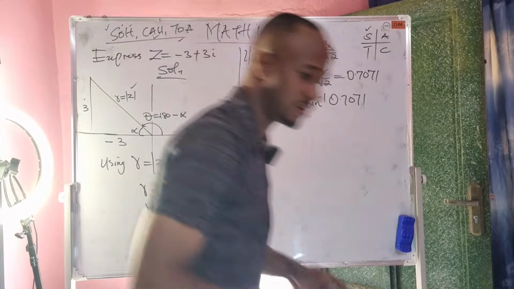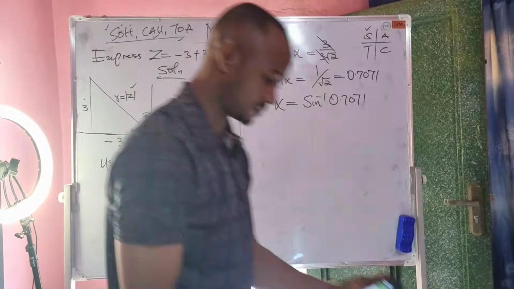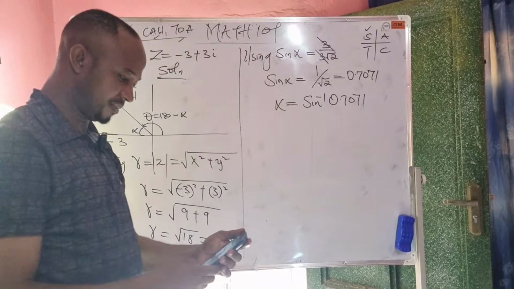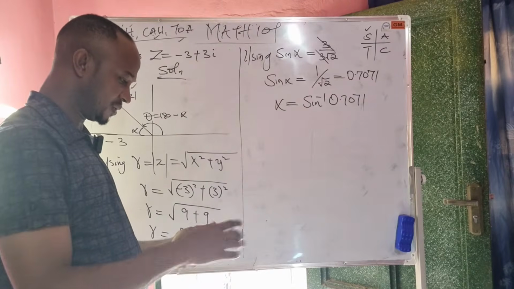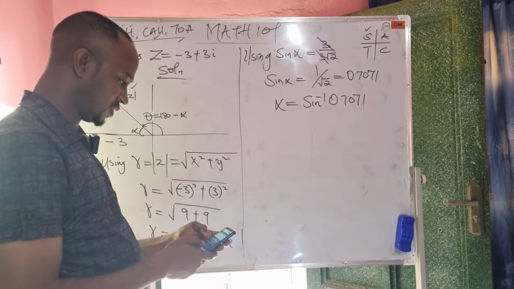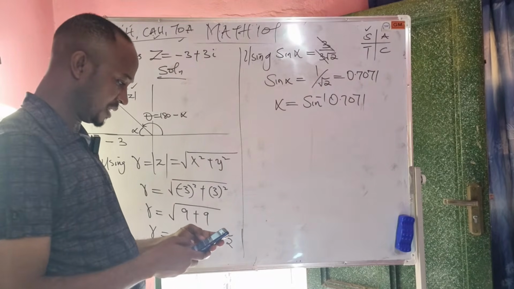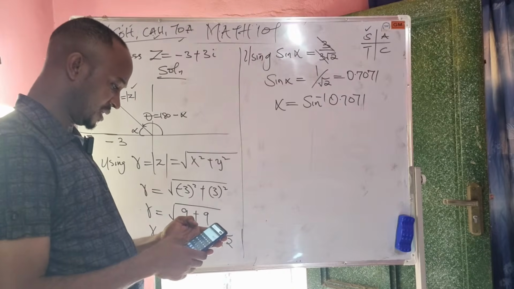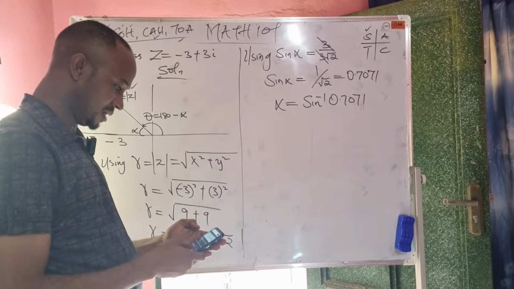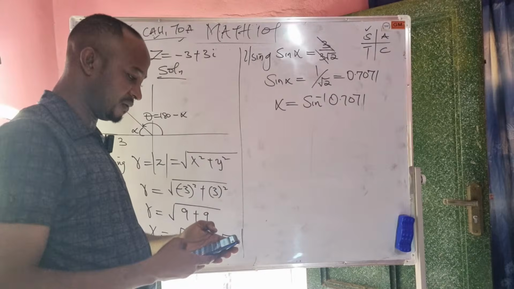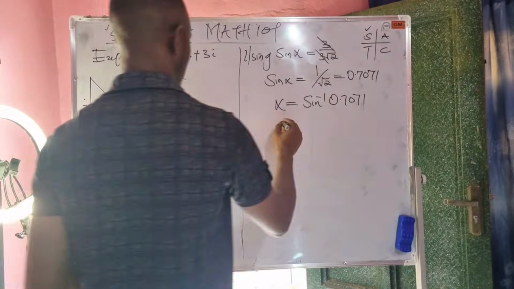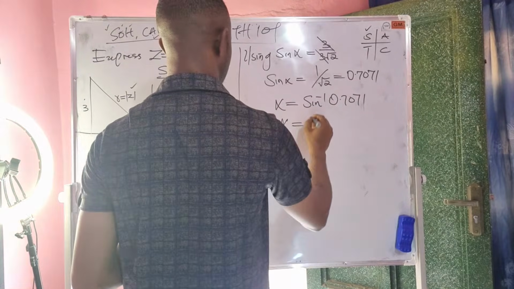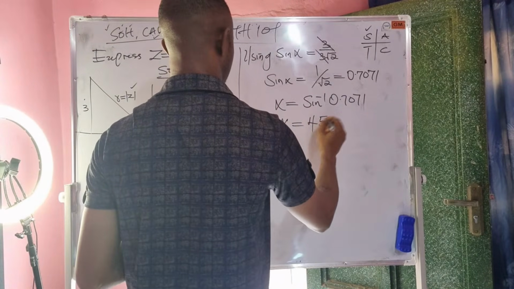Let's punch the calculator to determine the value of alpha. The sine inverse of 0.7071 should be 45 degrees. So the value of alpha here is 45 degrees.